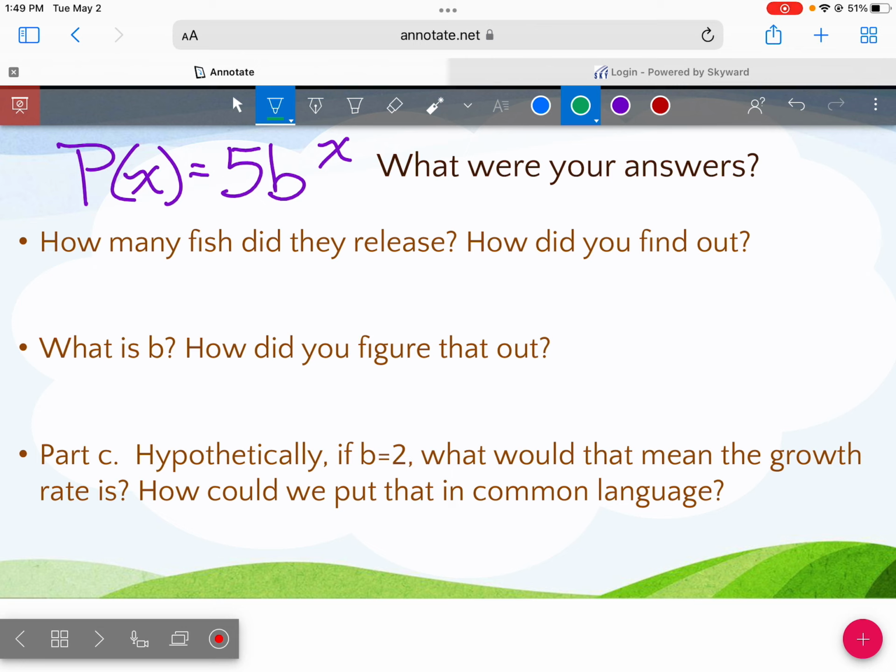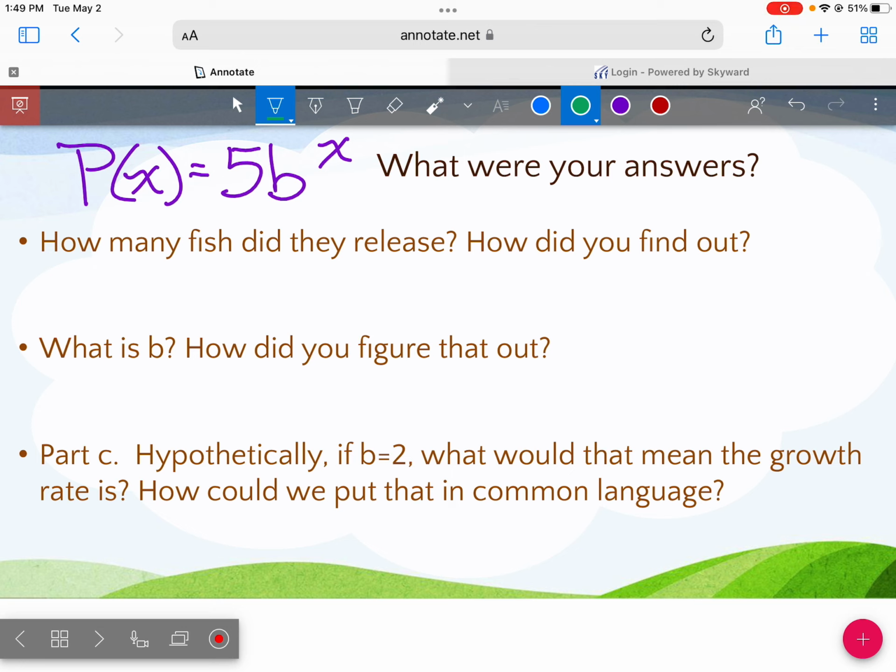If I say he, does that help you? Anybody? That doesn't help at all? 5. How did you get 5? It's the initial amount, right?